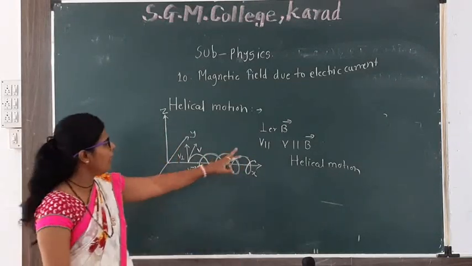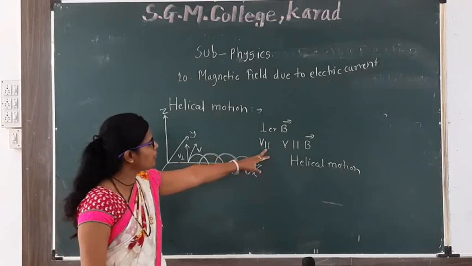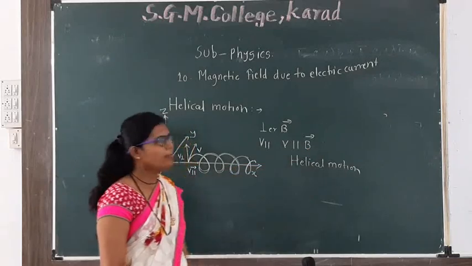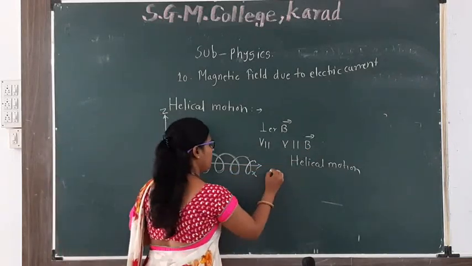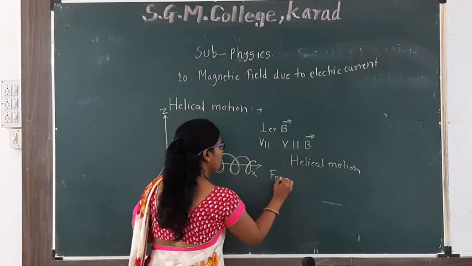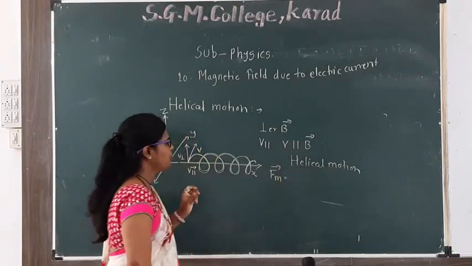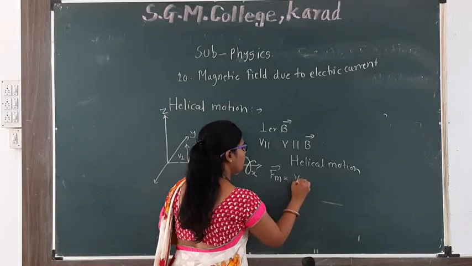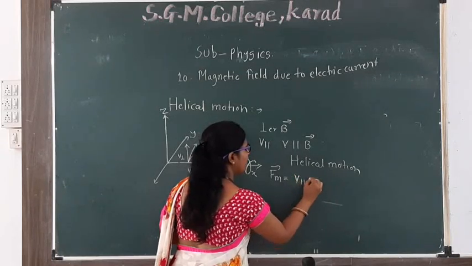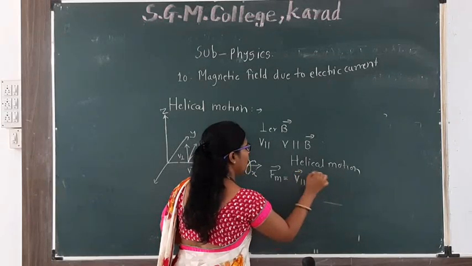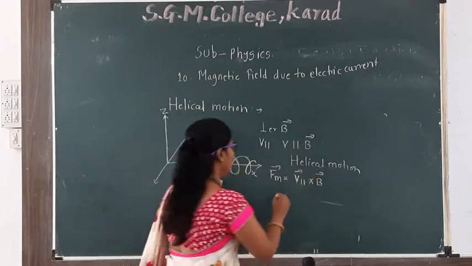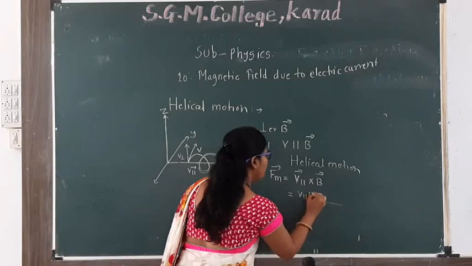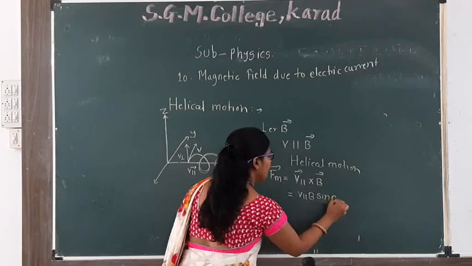Now, when the parallel component of velocity is parallel to the magnetic field, the magnetic force Fm is equal to V parallel cross vector B. Therefore, the vector product of the two vectors is V parallel B sin theta.